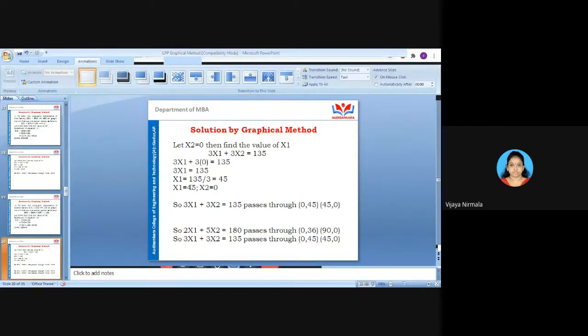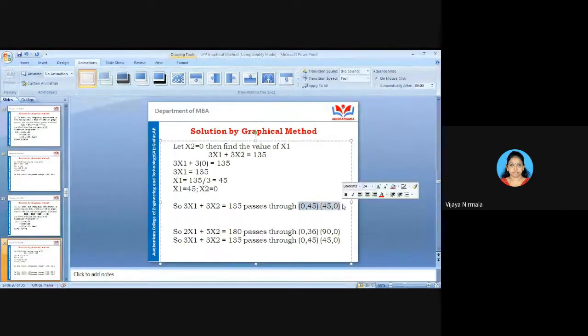So x1 is equal to 45, then x2 is equal to what, ma? 0. So the equation 3x1 plus 3x2 is equal to 135 passes through 0, 45 and 45, 0.